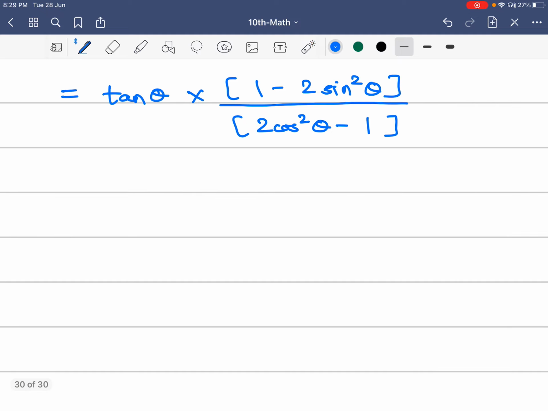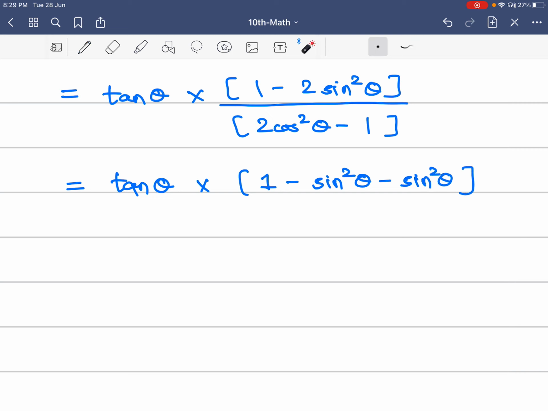Now in this expression, I'm just going to continue, that is equal to tan of theta into, now this 2 sin square theta can be split into sin square theta and sin square theta. So 1 minus, I can write this as minus sin square theta minus sin square theta. Note that this is minus 2.